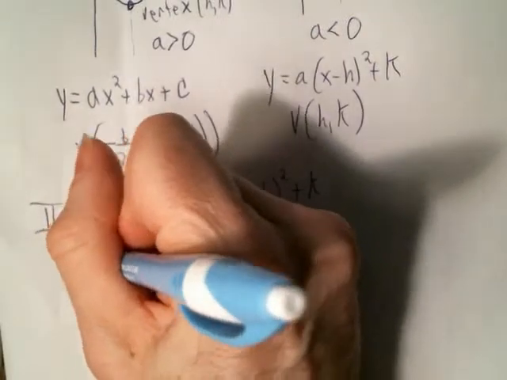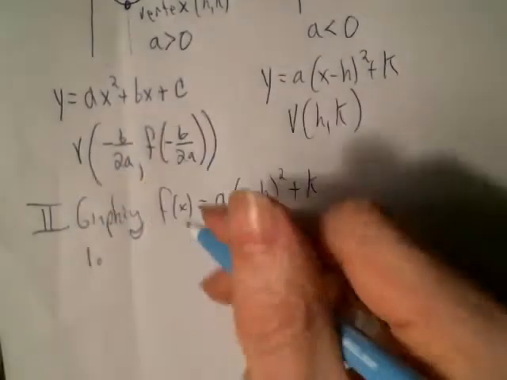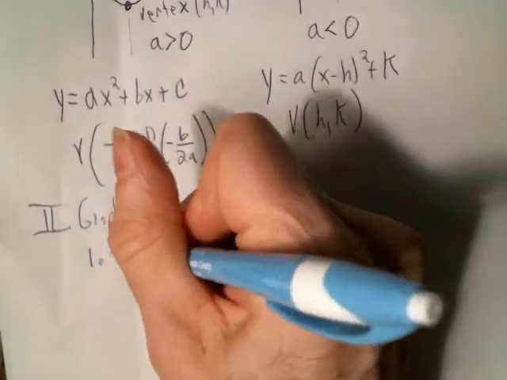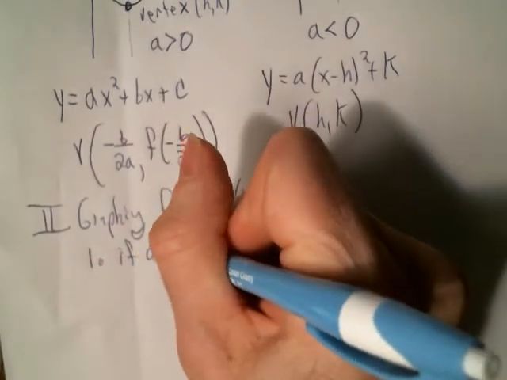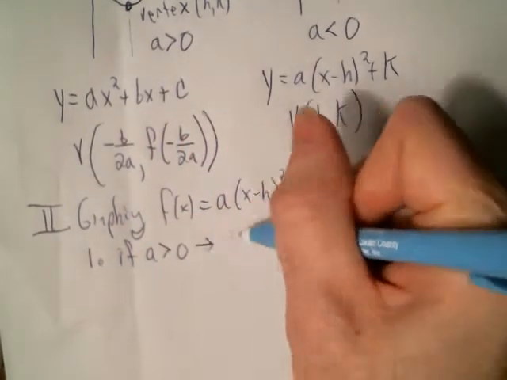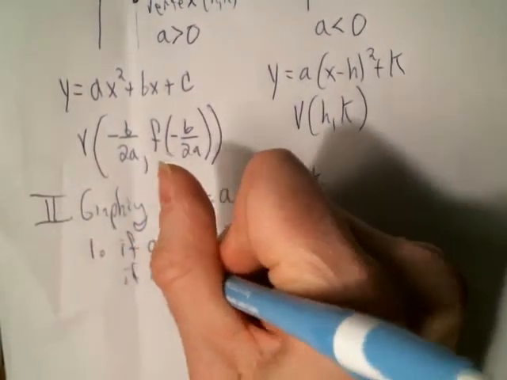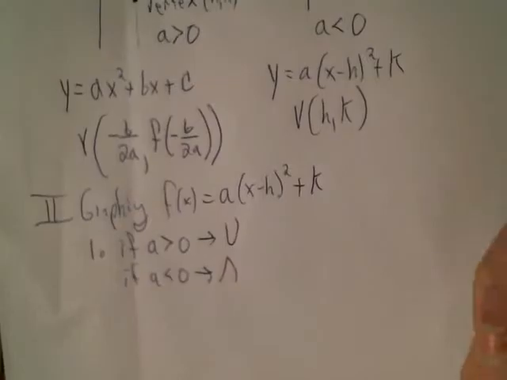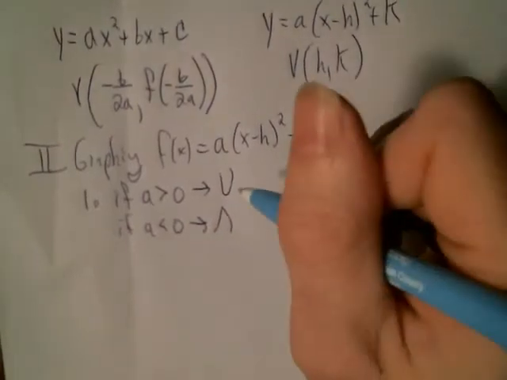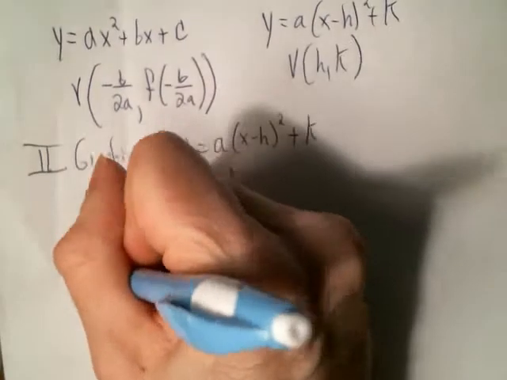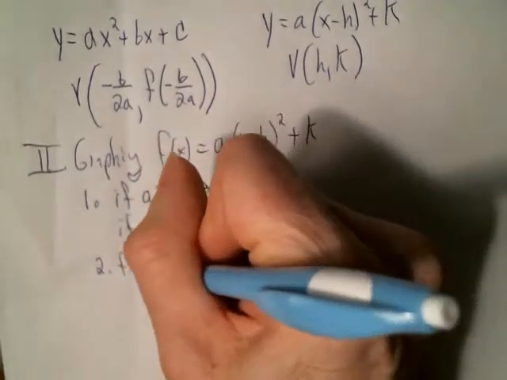The way we'll do it is first determine the shape. If a is greater than 0, then you have a happy face. If a is less than 0, then you have a sad face. Secondly, you'll find the vertex.